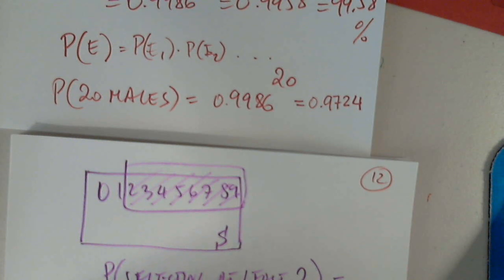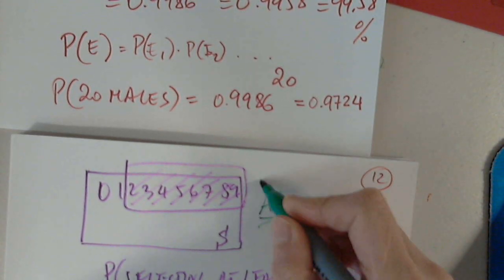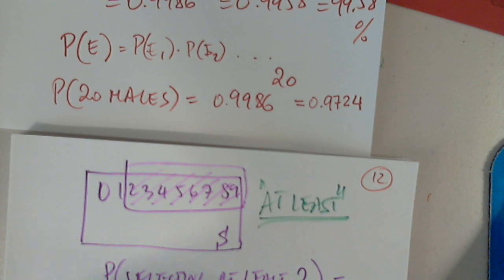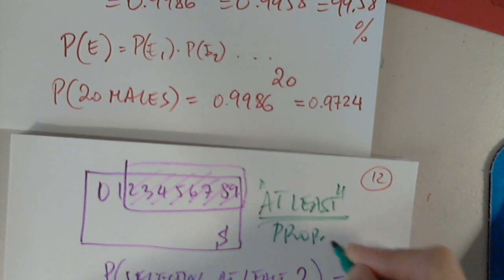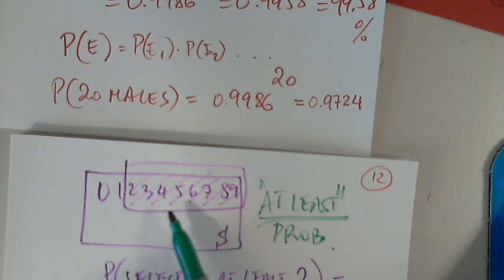It will be the probability of a 2 plus the probability of a 3 plus dot dot dot probability of a 9. This is the concept of at least probabilities. Of course, because there are 10 and I selected 8, it will be 8 over 10, or 4 over 5.